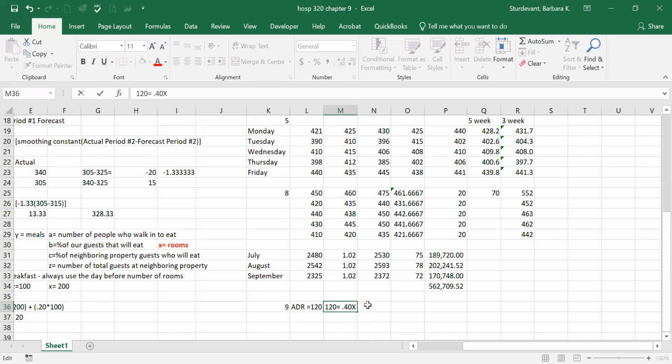So the ADR is 40% singles, and then we have 60% doubles, but the double price was the single price plus $20.